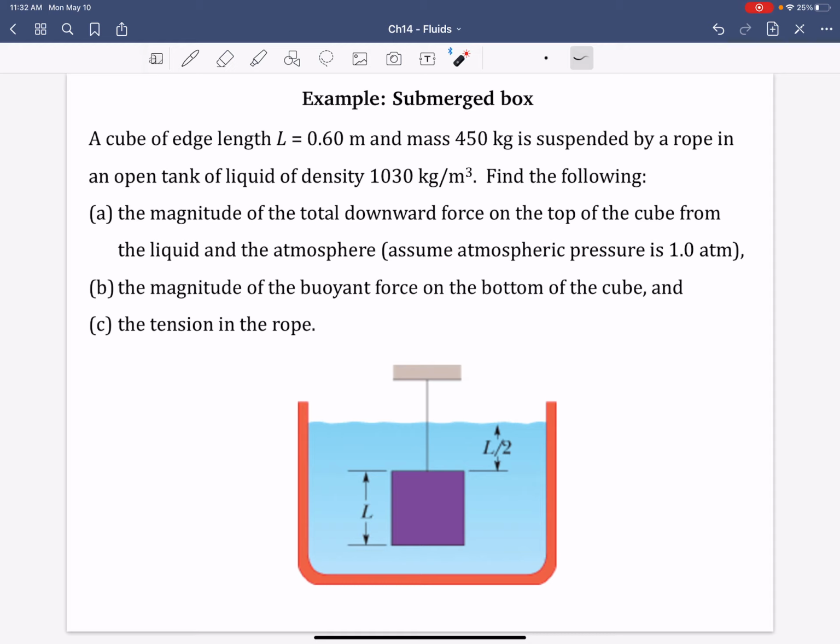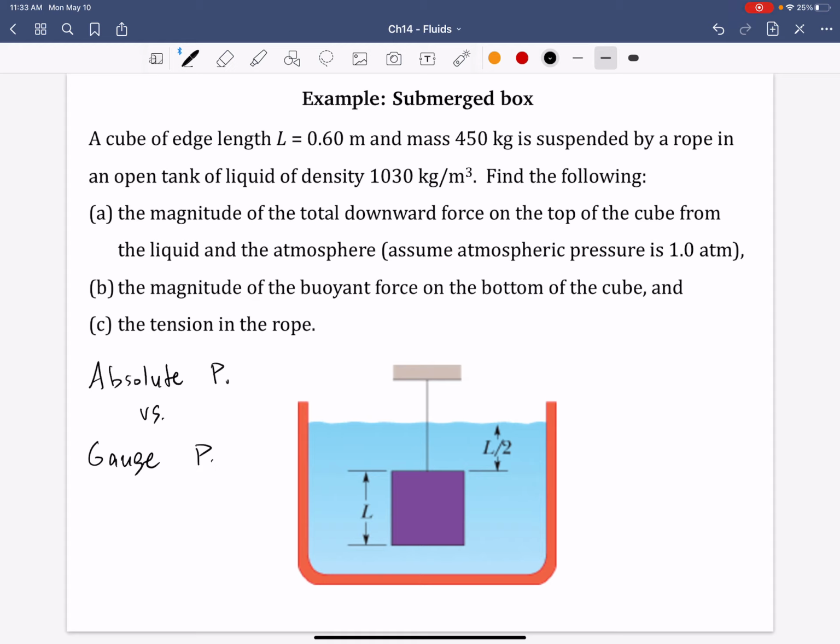So before I start, I should differentiate between two types of pressure, because in part A we'll see what the two types are. The two types are absolute pressure versus what's known as gauge pressure. What's the difference? Absolute pressure is measured from a pressure of 0. Where is there an atmospheric pressure of 0?